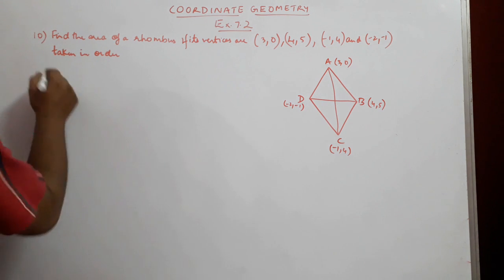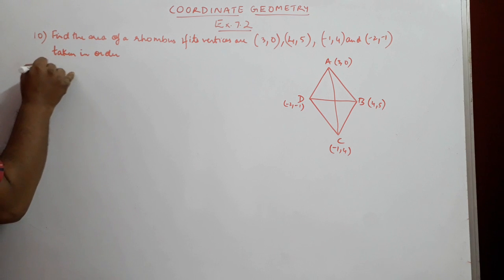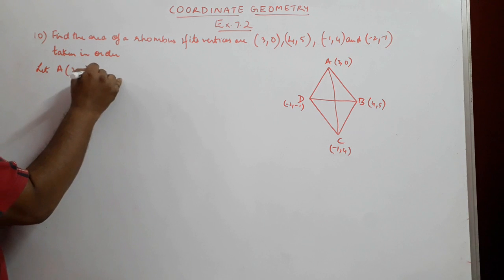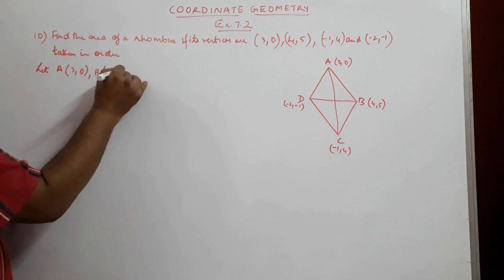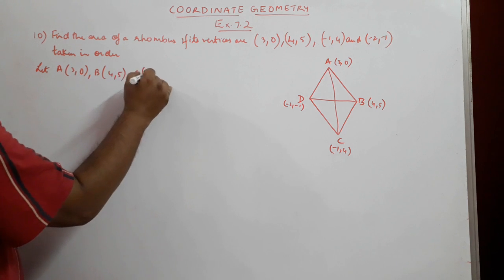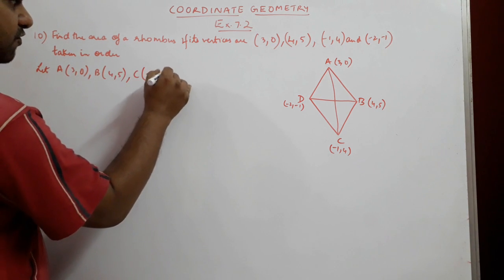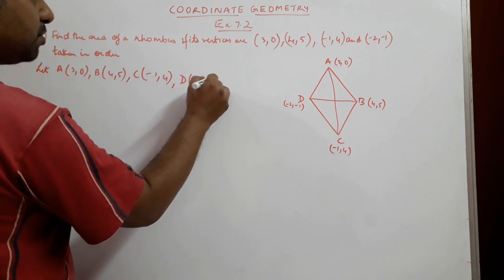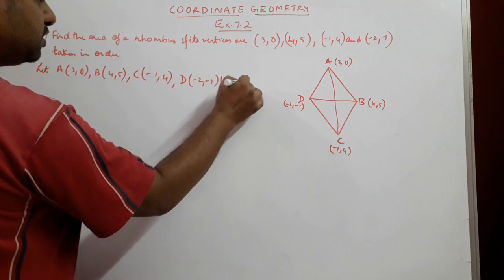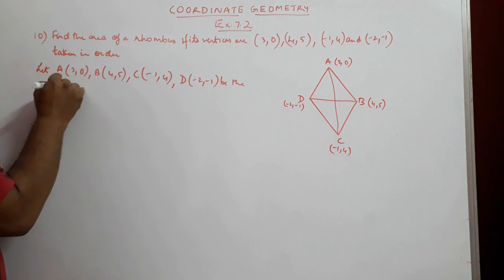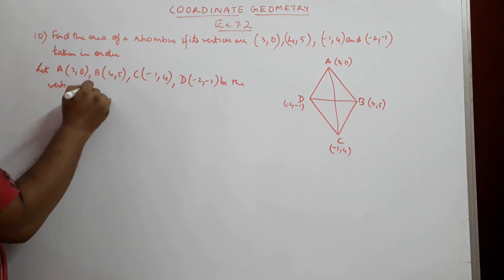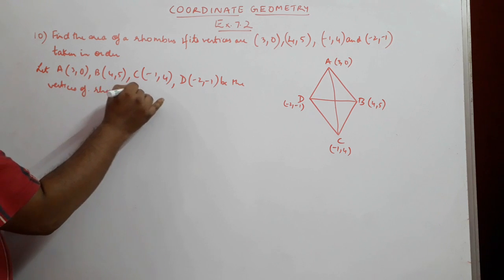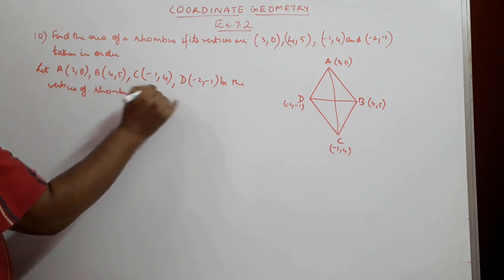Let us assume A (3, 0), B (4, 5), C (-1, 4), D (-2, -1) be the vertices of rhombus ABCD.